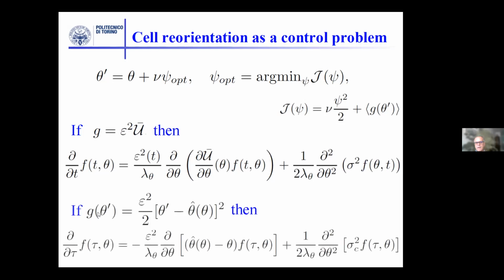If you take, for instance, another G, say the classical square of the distance between the new angle and the optimal angle, the equilibrium angle, you have a different drift term, which, if you compare, gives nearly the same distribution.